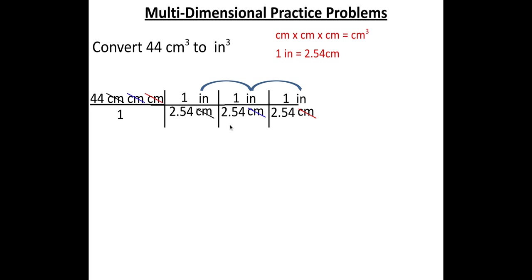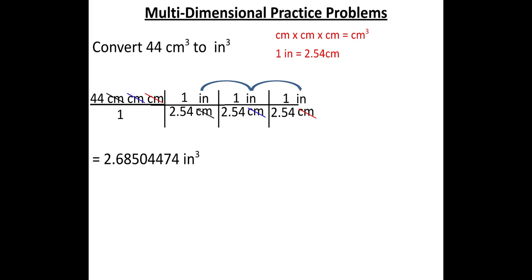So you see, when you bring it 3 times, this 1 centimeter cancels the first one, the second centimeter cancels the second one, the third centimeter cancels the third one, right? And you're left with 1 inch times 1 inch times 1 inch, which gives you inch cube. And so your final answer is in inch cube.